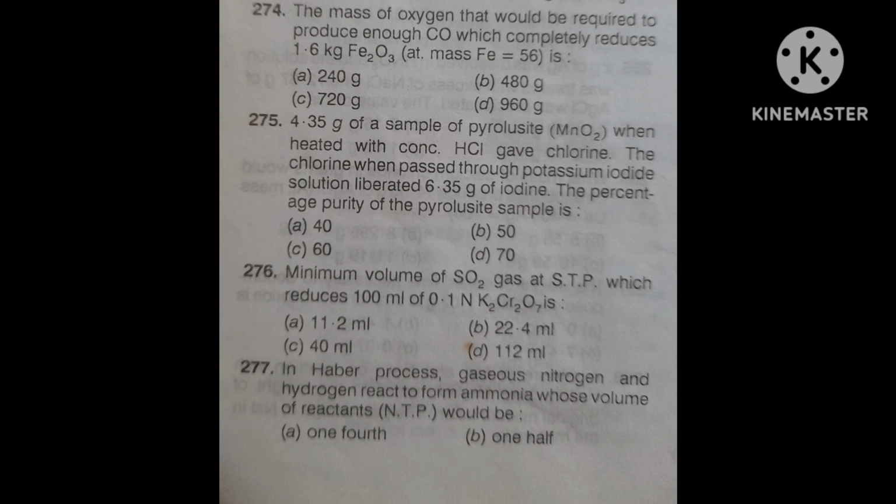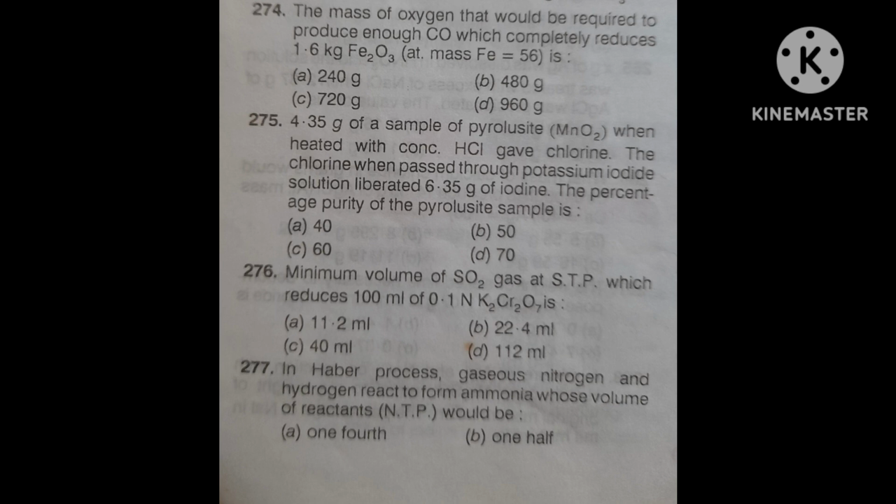Then this pure MnO2 you got from 4.35 gram impure MnO2. This is important here. This 2.175 gram pure MnO2 you got from 4.35 impure MnO2.